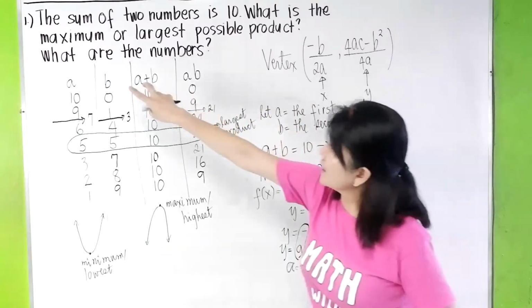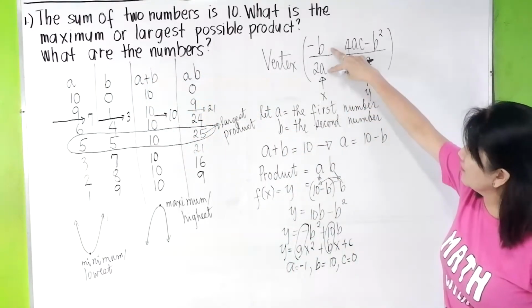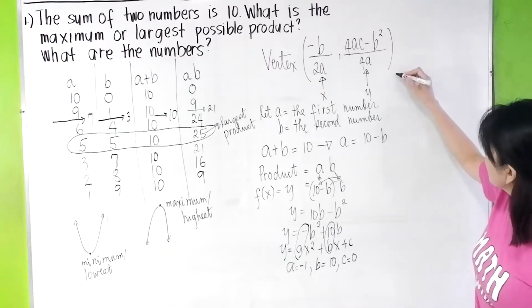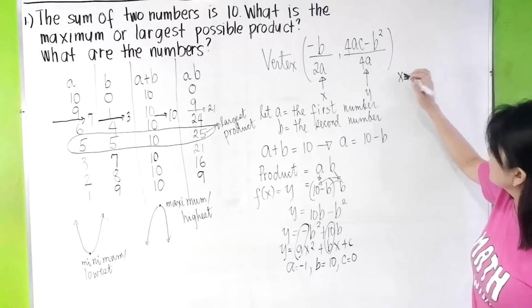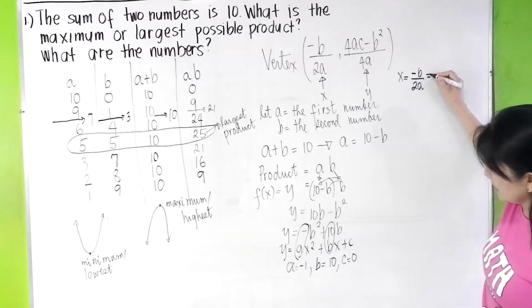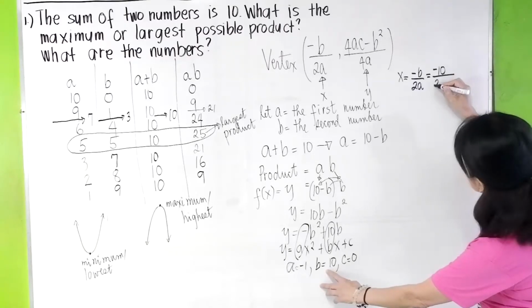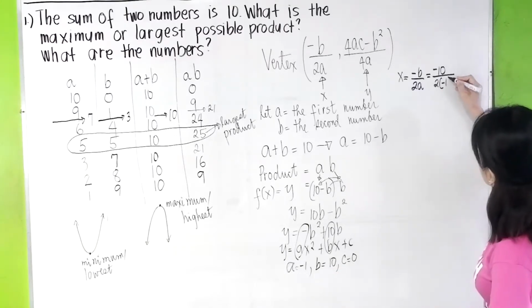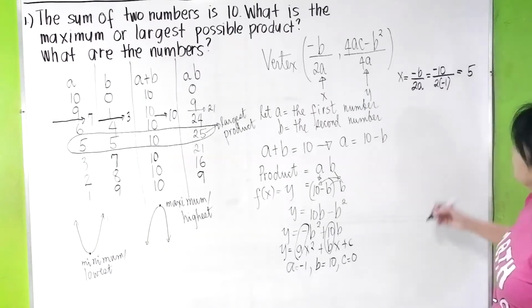The problem is asking for the numbers, so we can solve for the x value of the vertex. So our x is now equal to negative b over 2a. Substituting the values, negative 10 over 2 times negative 1 gives you a positive 5.